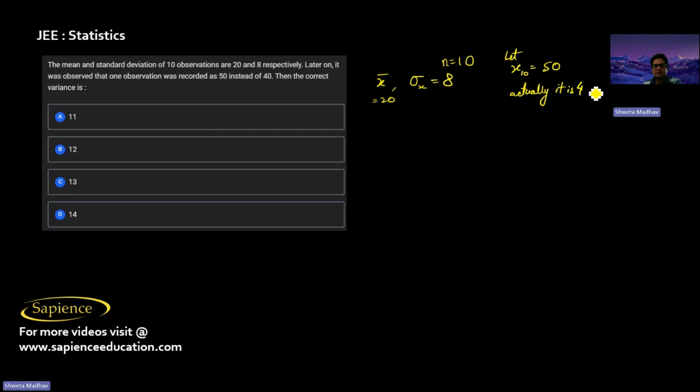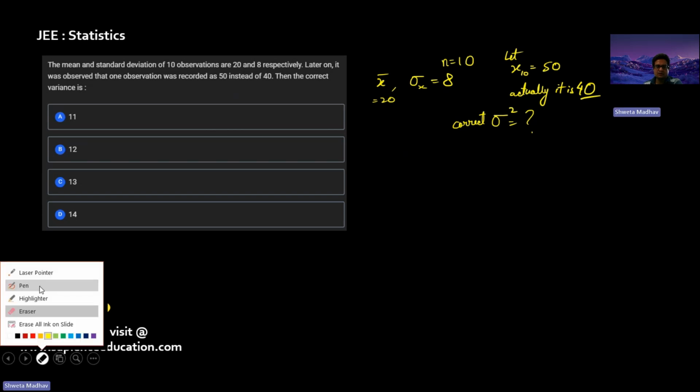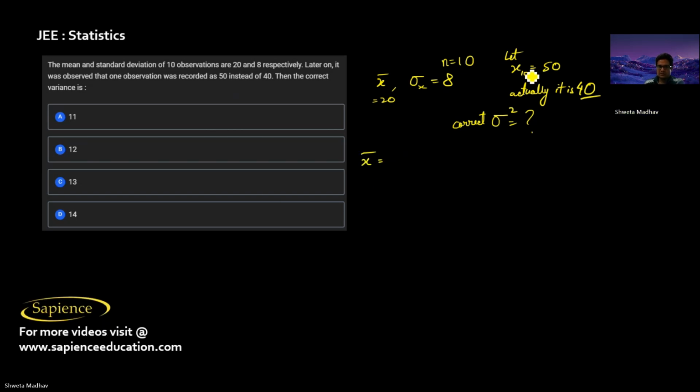Actually, it is 40. Then the correct variance means the correct sigma square value that we have to find. So the mean x bar of the 10 observations is x1 plus x2 till x10, which is 50, divided by 10, that is equal to 20.